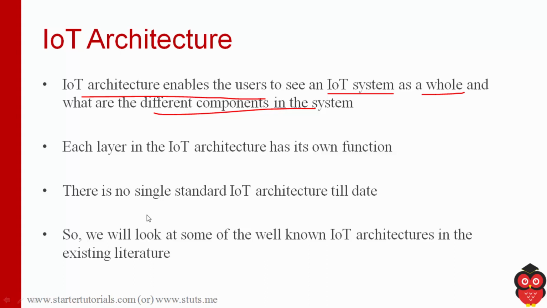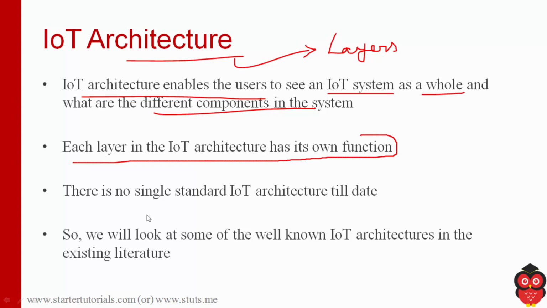So typically an IoT architecture consists of different layers. There are different architectures, we will see some of them. There are 3-layer architecture, 4-layer architecture, 5-layer architecture, and so on. And each layer in the architecture has its own function.